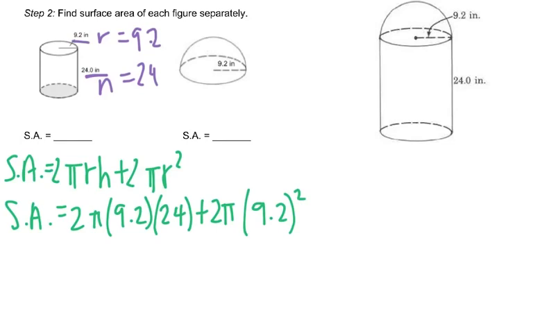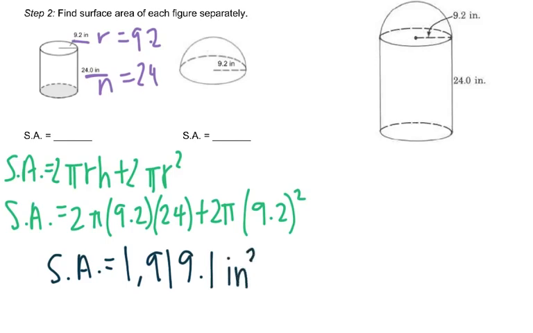And then we can just use our calculator to get that number, and we get the surface area is 1,919.1 inches squared. So I'm going to put that here on this line.